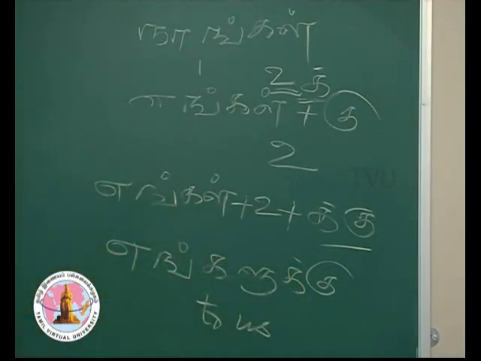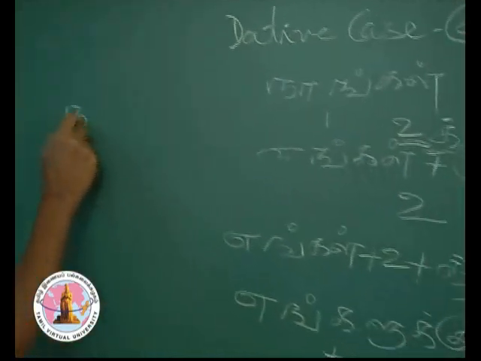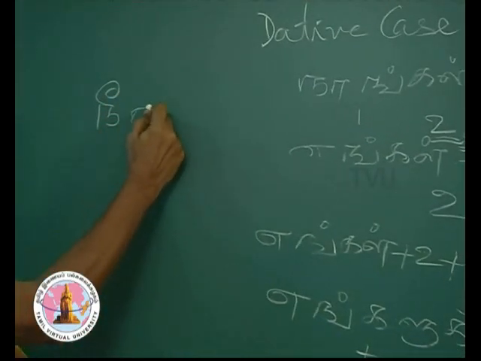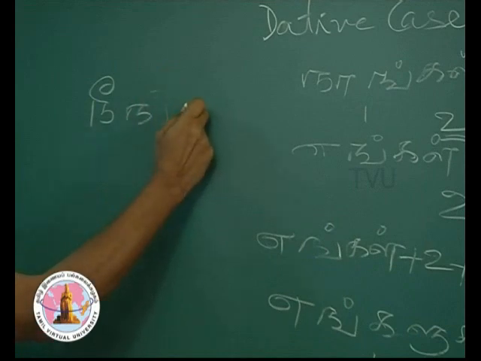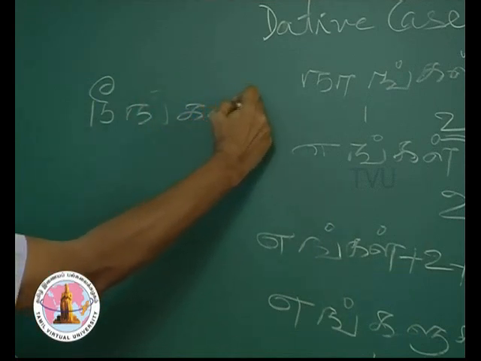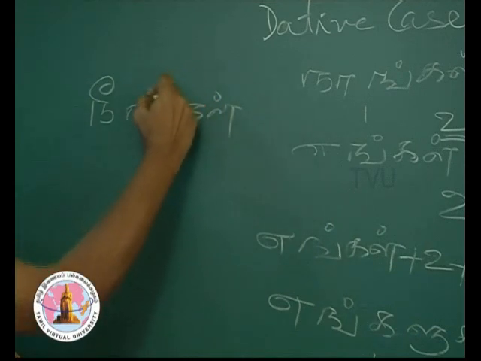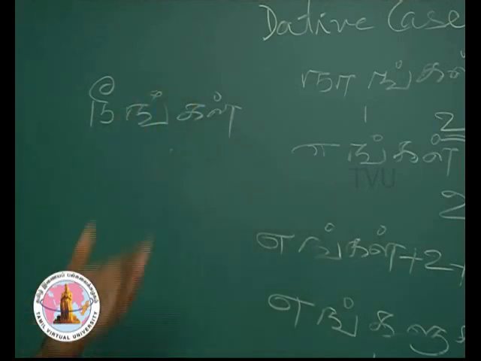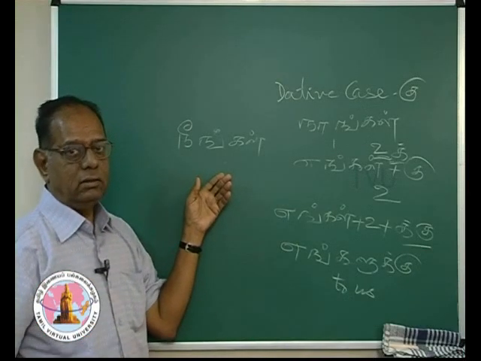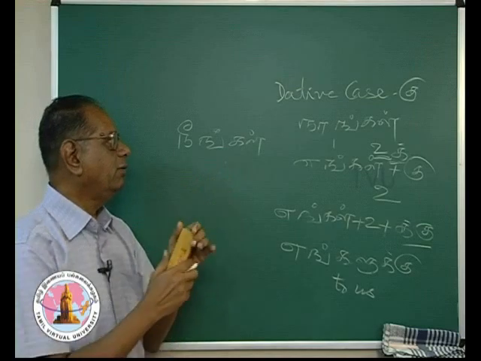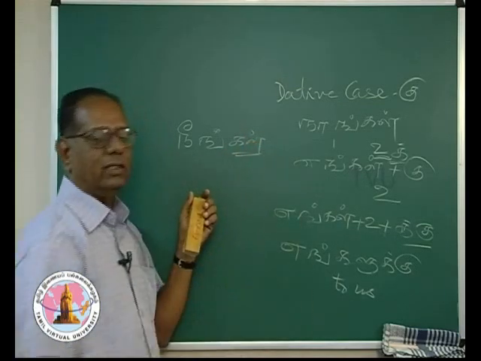We go to the second person. Second person plural is neengal. You remember that? Ending with kal. We saw that earlier.